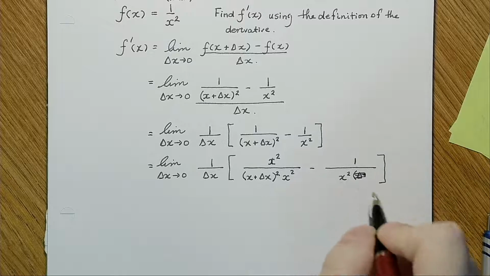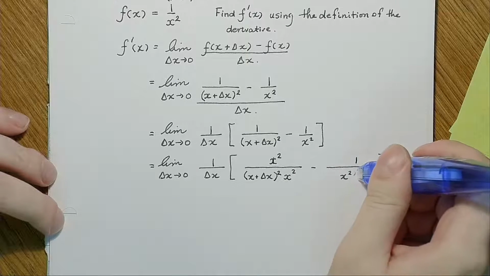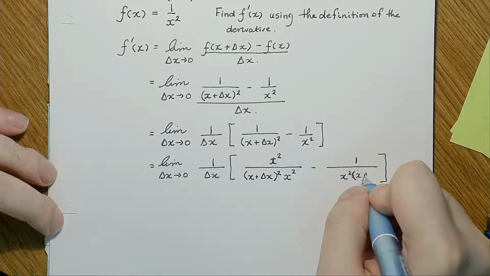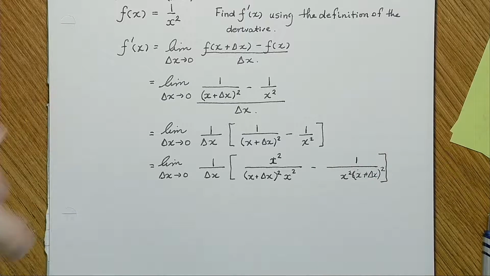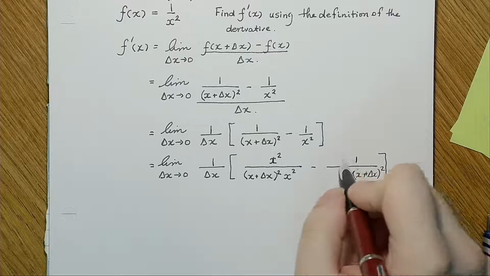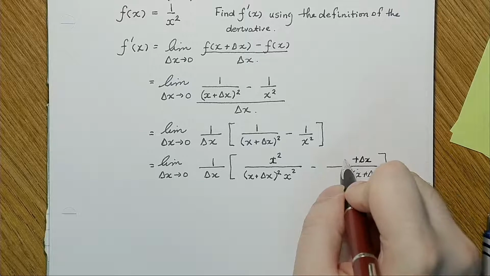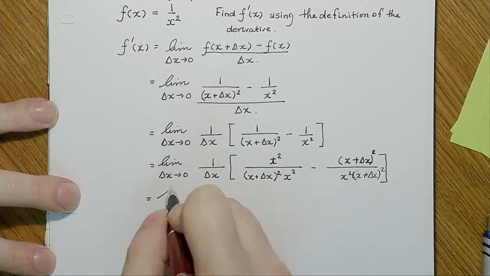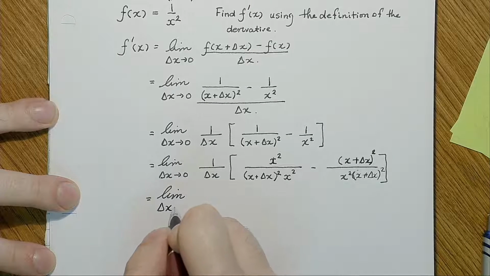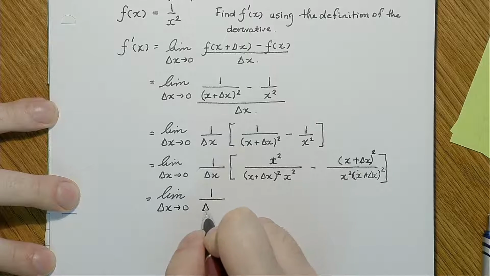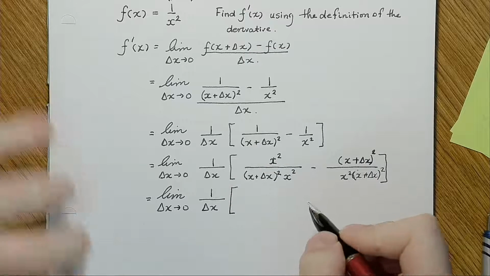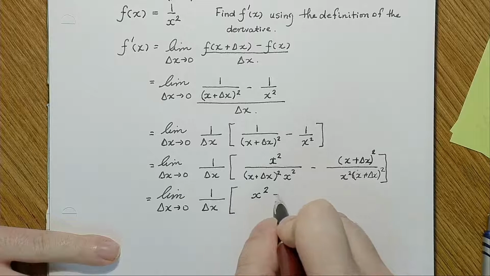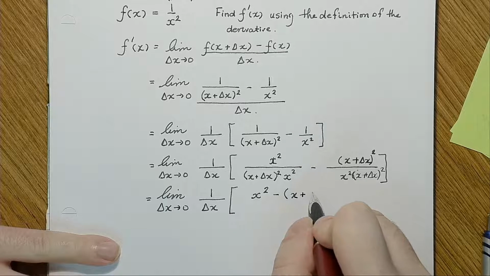And what I was trying to write was x plus delta x squared, and then I also need it up top here. I can write this over the same fraction now.